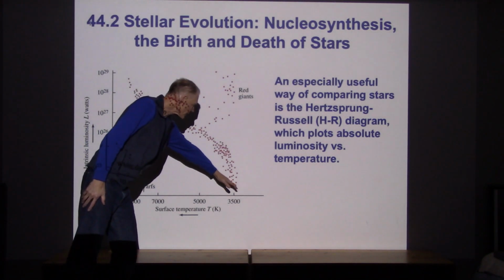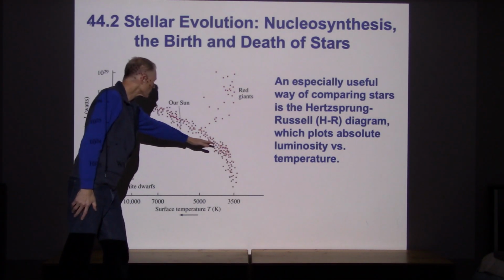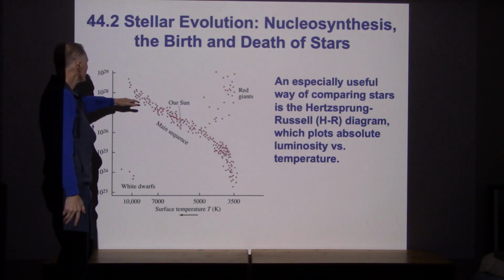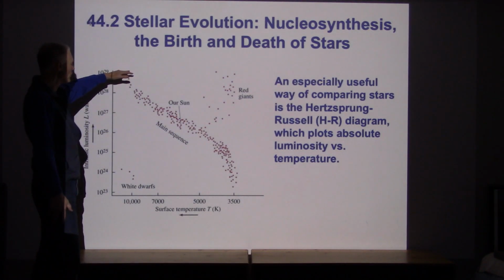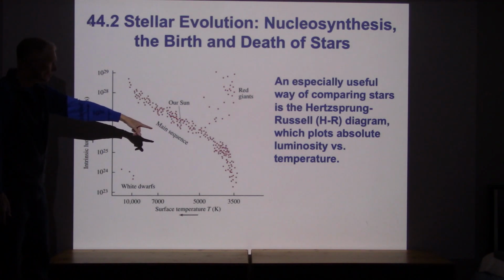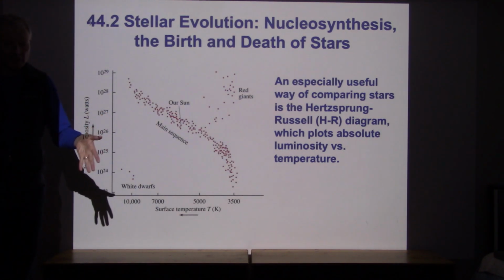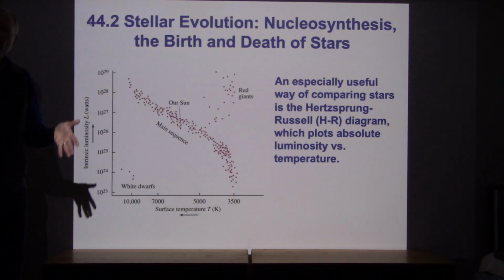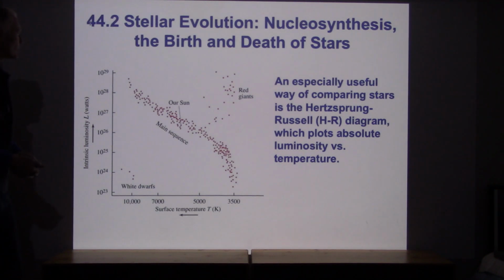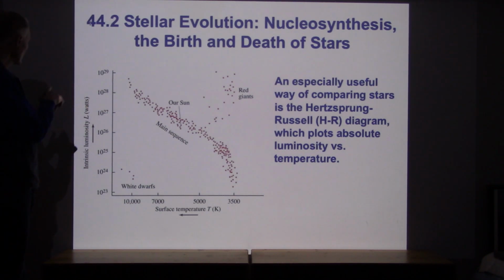So these are the very lowest mass stars, these are the medium mass stars, and these are the highest mass stars. And so for stars that are in the first stage of development, fusing hydrogen to helium in their core, they end up being classified on the main sequence, and the higher mass stars are going to have the high luminosities and the high surface temperatures.